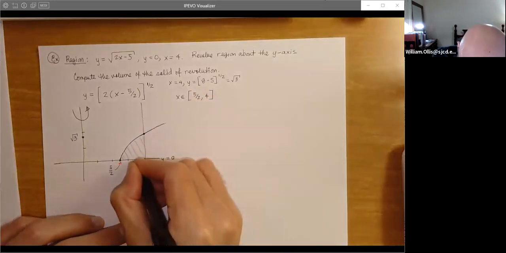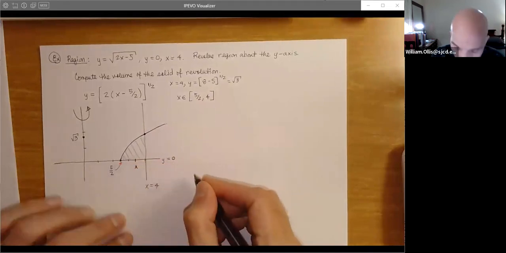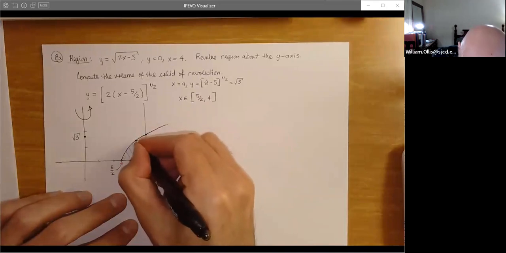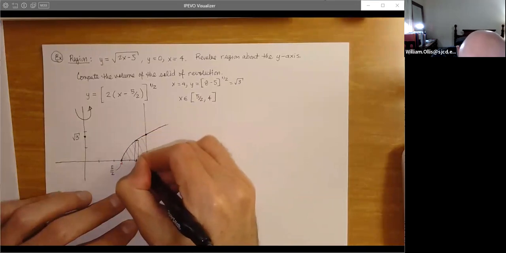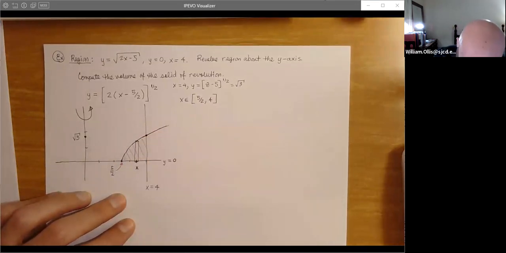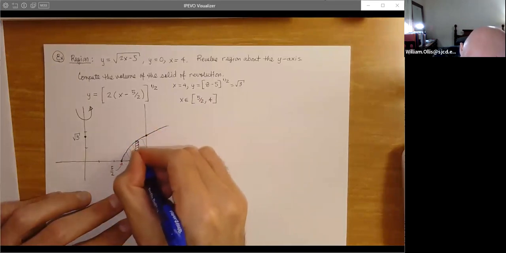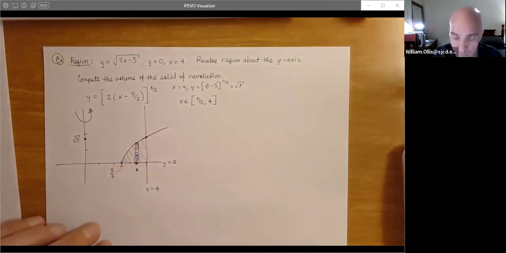And so we can take an x. It's always nice to have room to draw the x, and then draw in our strip or our rectangle. So here's our strip. Again, remember the strip is parallel to the axis of revolution, not a washer method.